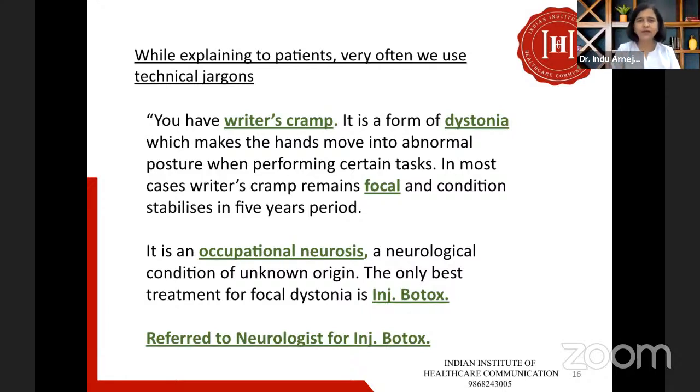He said that you will need an injection of botox. This was the explanation given to me. To some of you, this might appear very simple. I mean, there's nothing difficult to understand. But suppose the same explanation is given to a patient who is a lay person, who is not well versed with these terms, for them it can be very, very difficult.